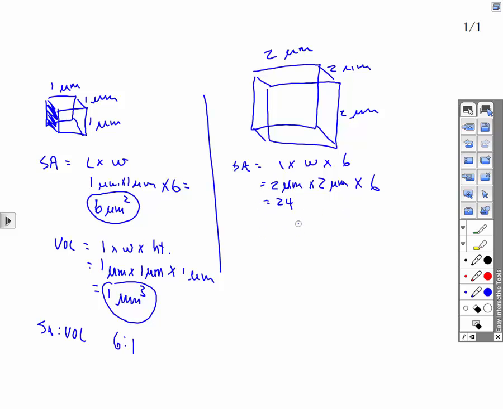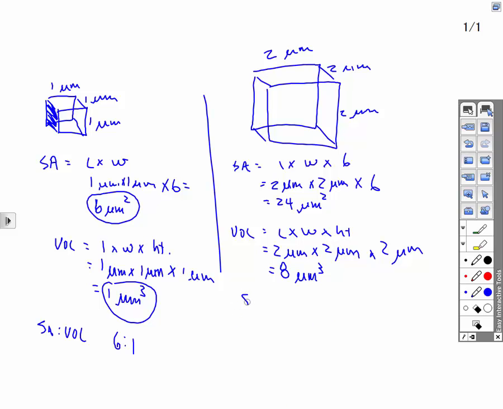A micrometer times a micrometer is a micrometer squared. Now my volume, again, length times width times height: 2 times 2 times 2 is 8, and micrometer times micrometer times micrometer is micrometers cubed.